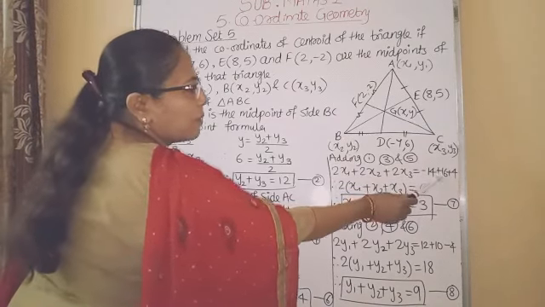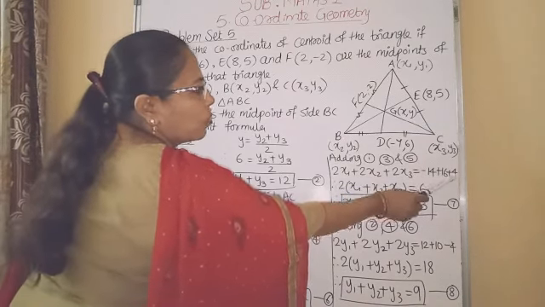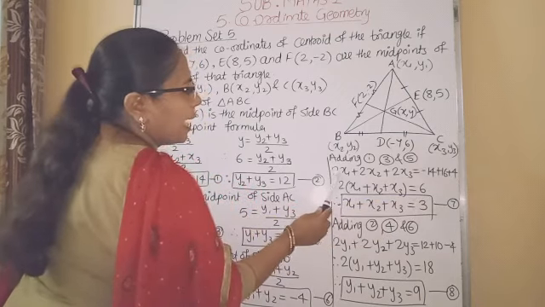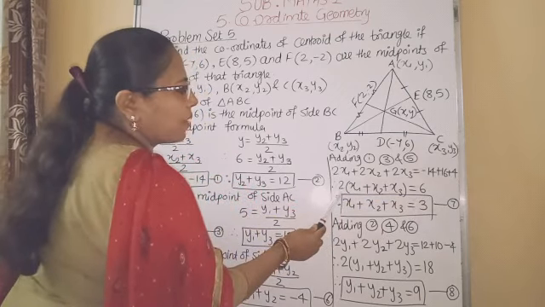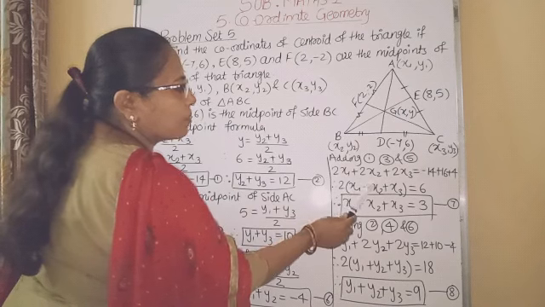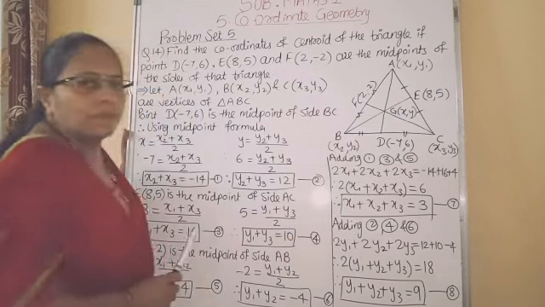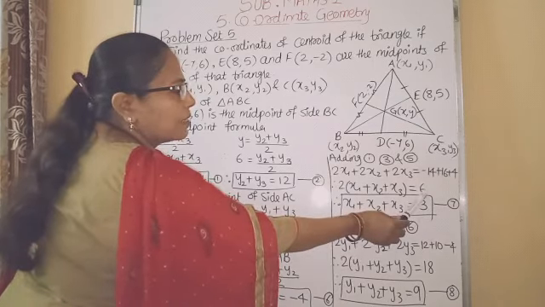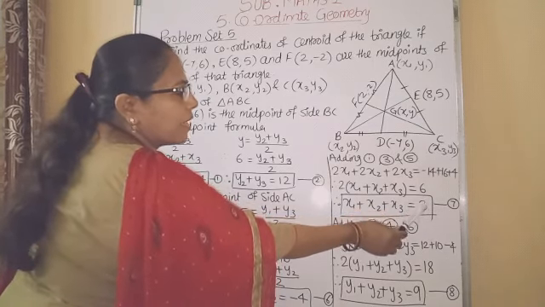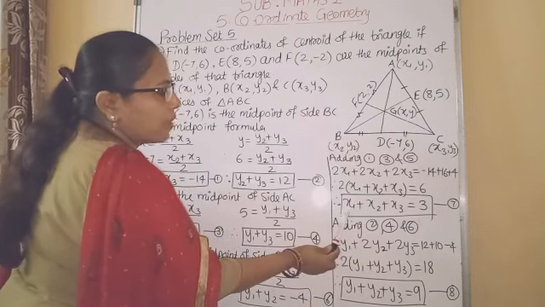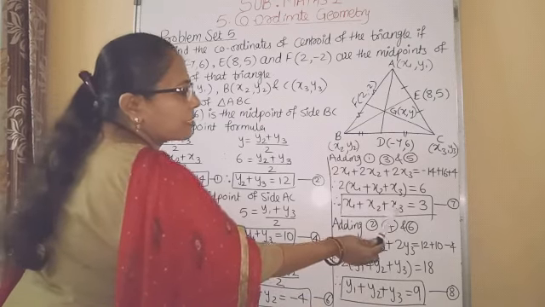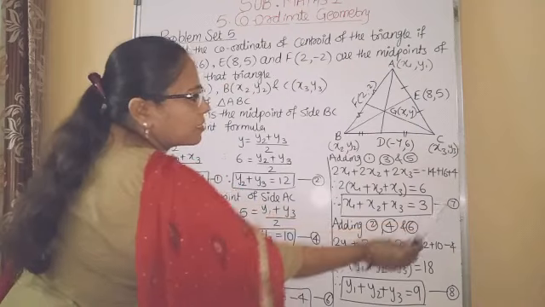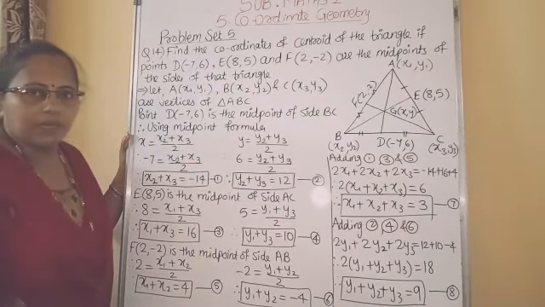Now -14 plus 16 is 2, 2 plus 4 is 6. Taking 2 as a common factor, in the bracket we get x1 plus x2 plus x3. Now dividing, 6 divided by 2 is 3. So x1 plus x2 plus x3 equal to 3. This is our equation number 7.